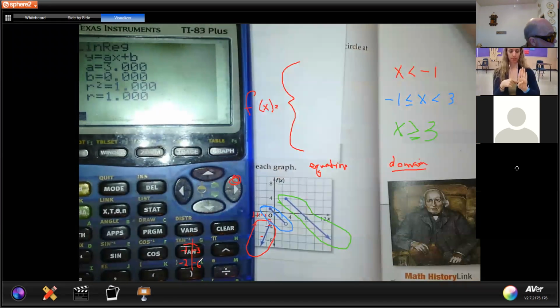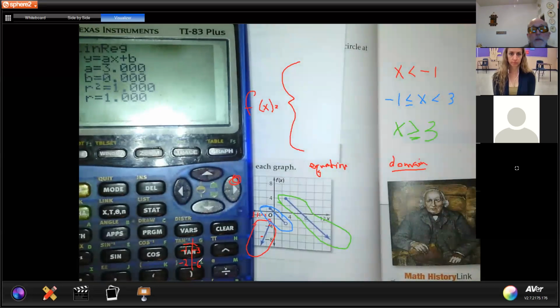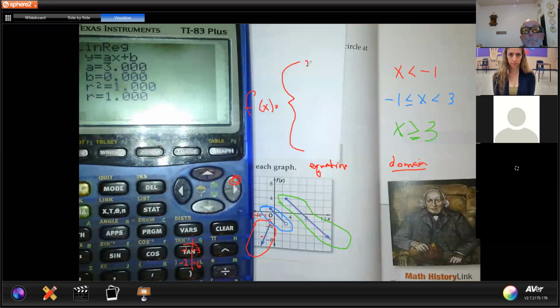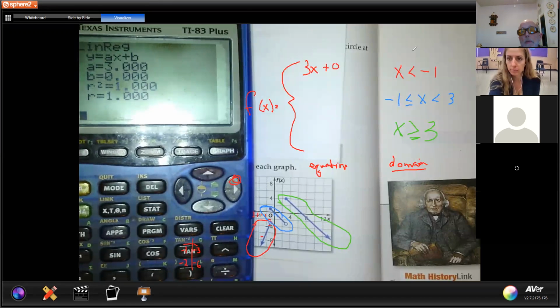So we're going to write 3x plus 0 right here. We really don't need the 0, but it doesn't hurt. You can put it there. Remember, we're saying y equals mx plus b.